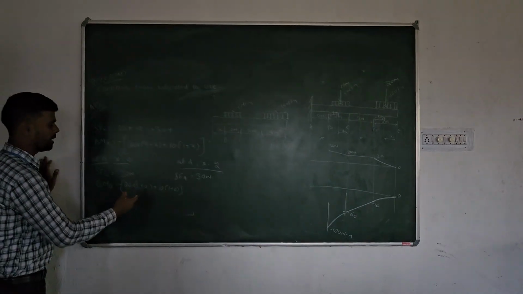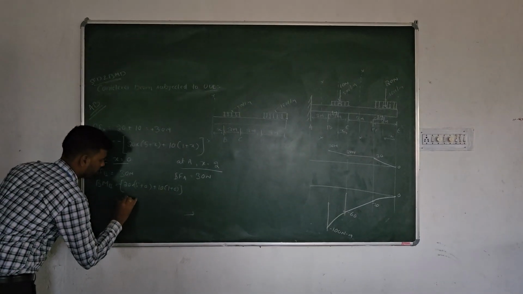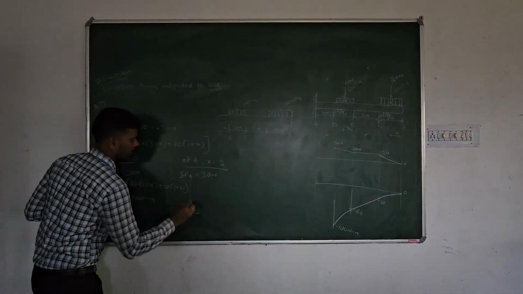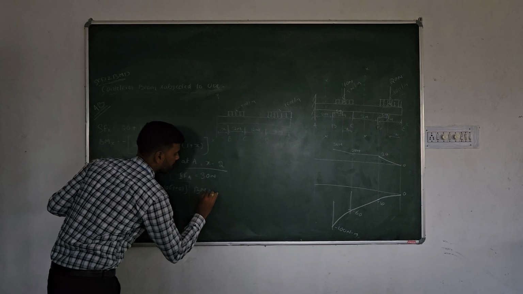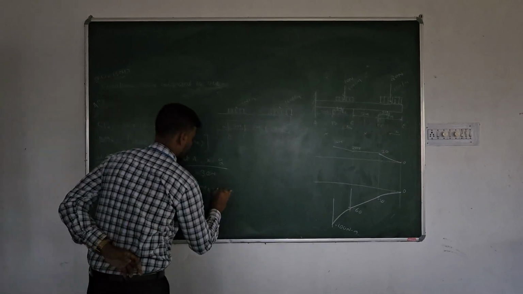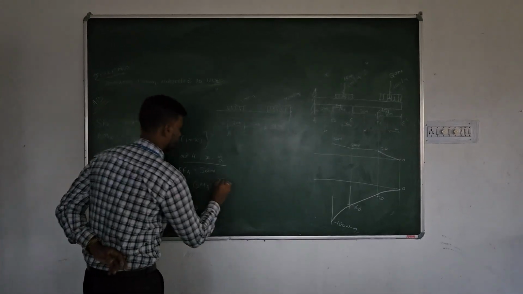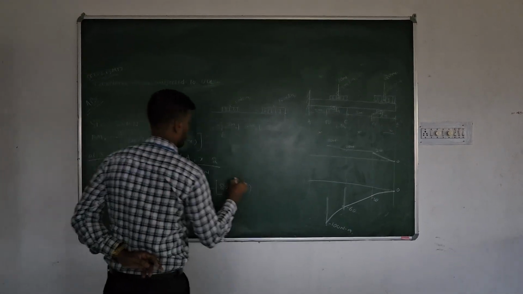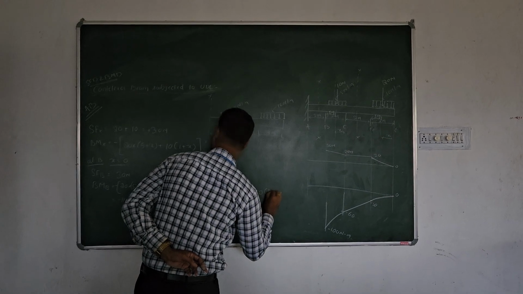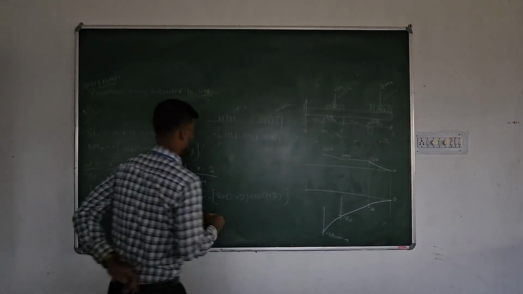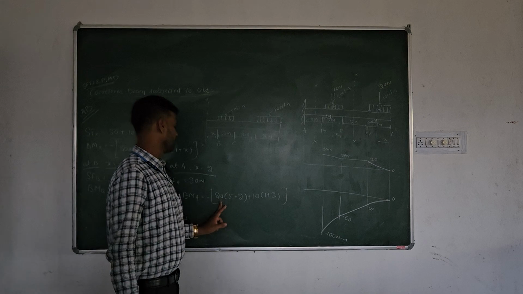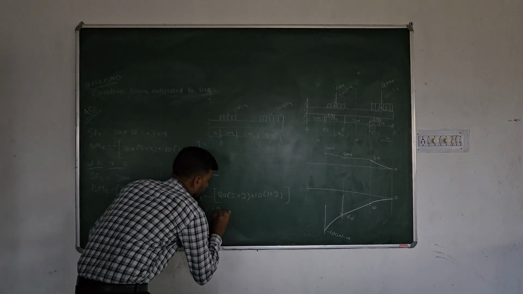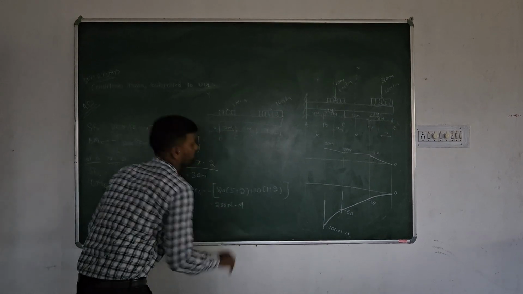So 20 into 5, 10 into 1, so minus 110 Newton meter. Similarly, bending moment at A is equal to minus 20 into 5 plus 2 plus 10 into 1 plus 2, this is 20 into 7, 140 plus this is 30, so minus 200 Newton meter.